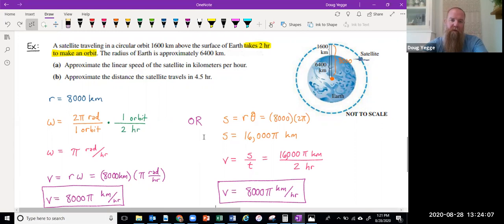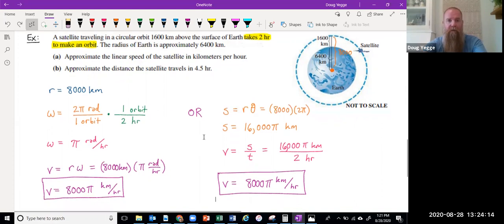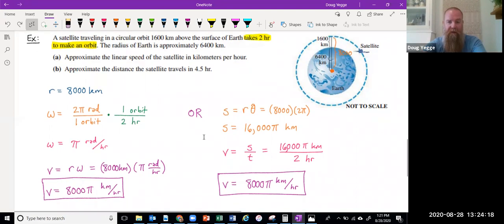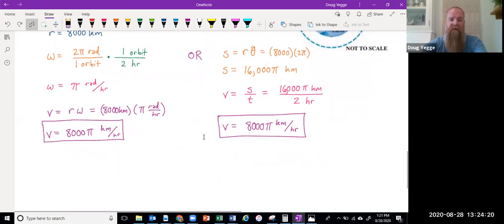Well, let's think about what we're given. We're given a time, we're given a radius, we know a velocity. So what we're really trying to find is the distance traveled, which is an arc length. In order to find distance, I need to use the things that I know.